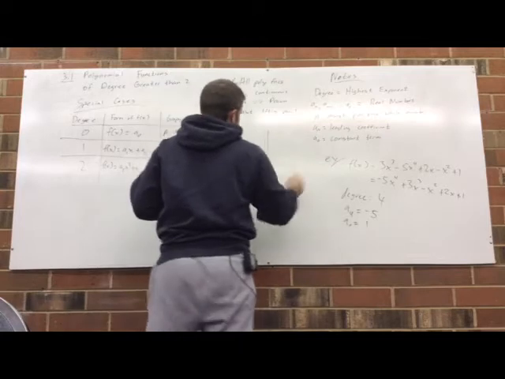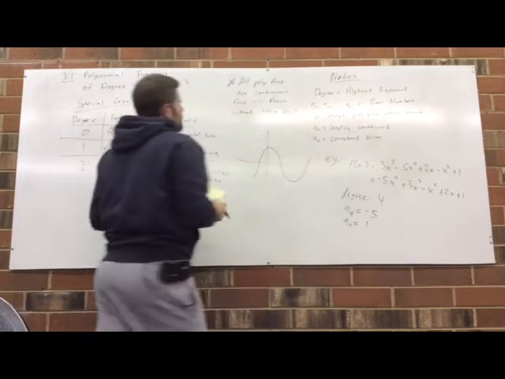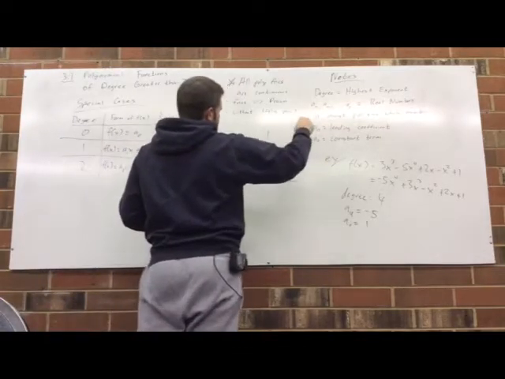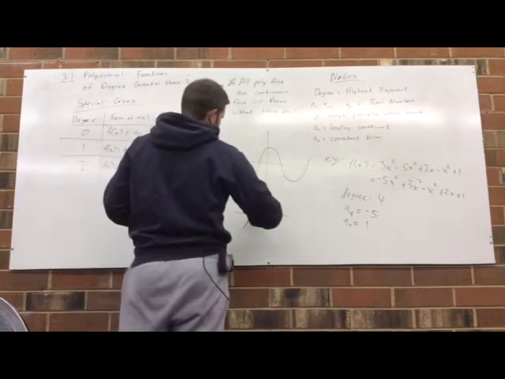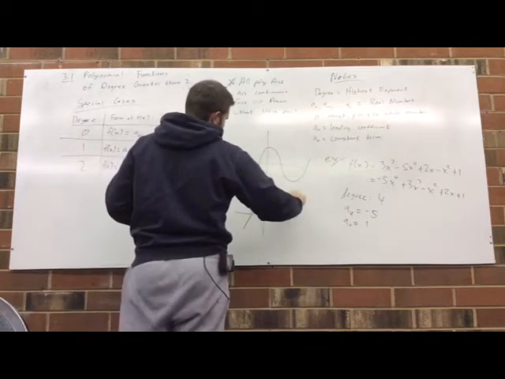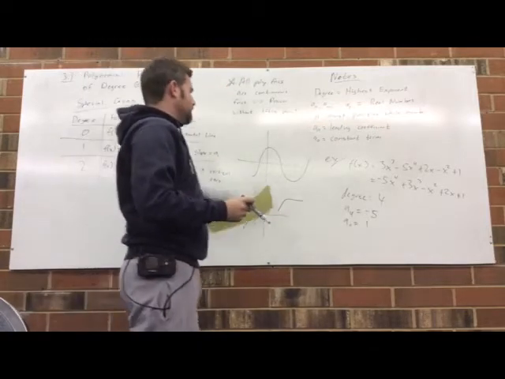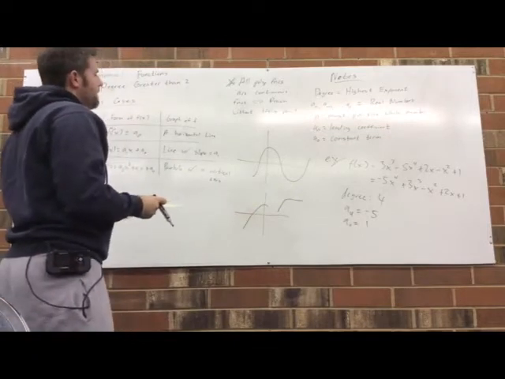So something like this, it's smooth. Yes, it has curves, but there are no breaks, and I can draw the whole thing without lifting my marker. Whereas if I did something like this and then jumped, I had to lift the marker. It's not a continuous function, and therefore we can't really work with those.